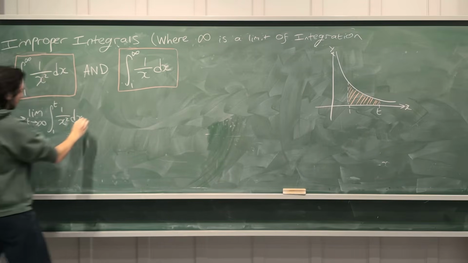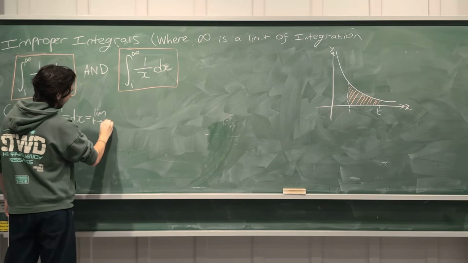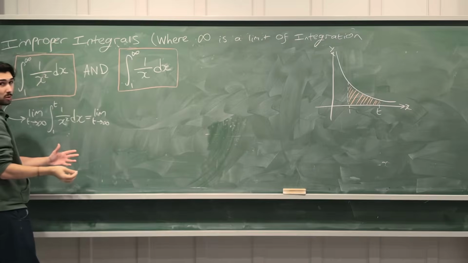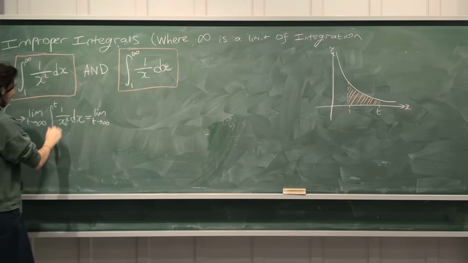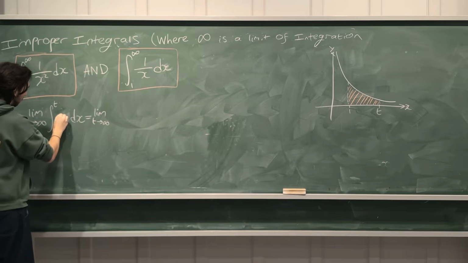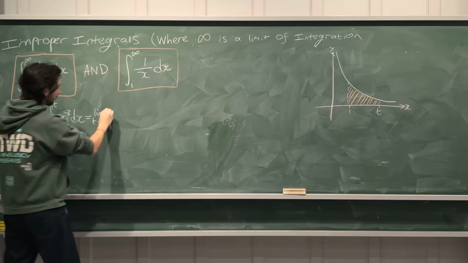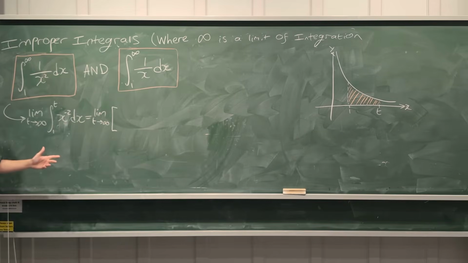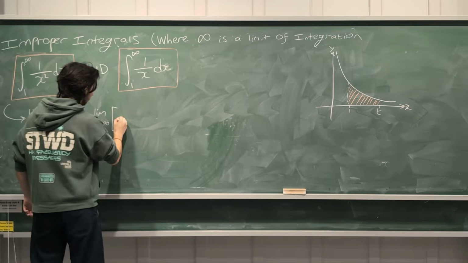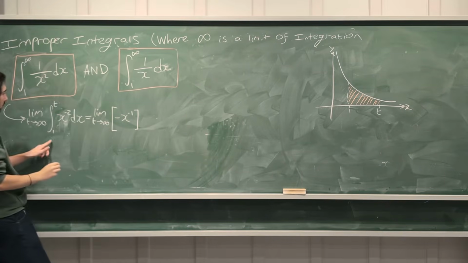Maybe it's easier for our integration purposes to write 1 over x squared as x to the power of minus 2, and then do the integral. What does x to the minus 2 integrate to? Last I checked, it was minus x to the minus 1. And again, the limits are 1 and t.